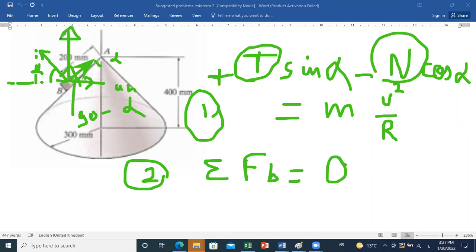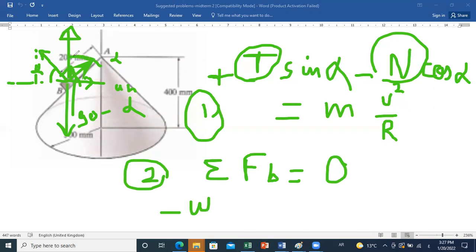So to project on the vertical direction, I have the weight which is downward, so minus W. Since the projection of T on UN was T sine alpha, you can automatically say that it will be T cosine alpha on UB, because this angle here is alpha.